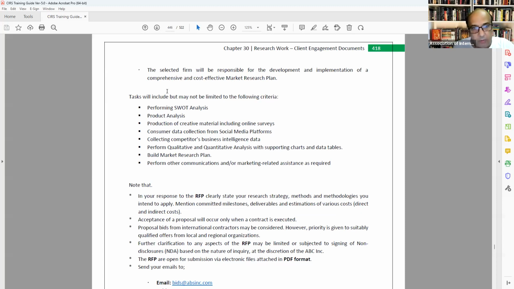The more focused part of this scope requires you to do SWOT analysis, which is strengths, weaknesses, opportunities, and threats analysis, product analysis, production of creative material including online surveys, consumer data collection from social media platforms, collecting competitors' business intelligence, performing qualitative and quantitative analysis, and so on.